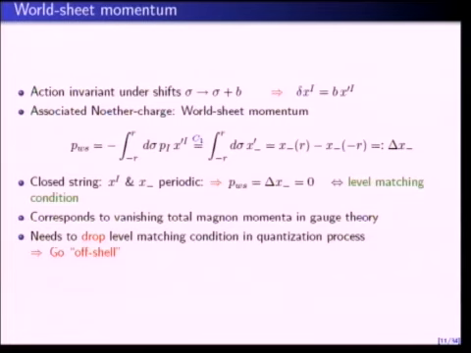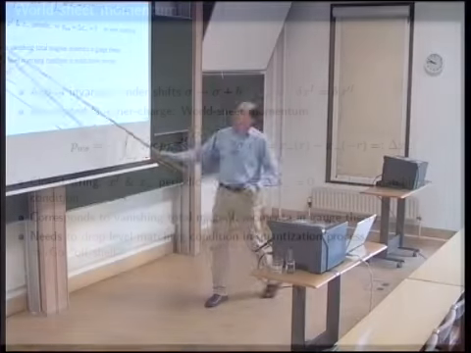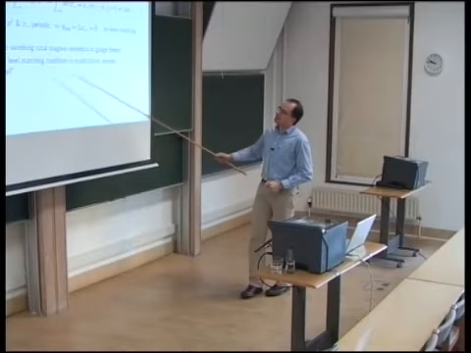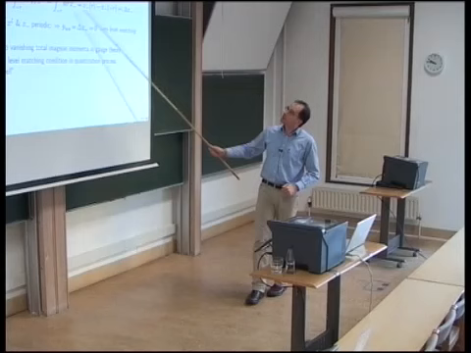But as I might be able to discuss later on, if you consider the quantum theory, it is actually necessary to drop the level matching condition in the quantization process. So you quantize the system, and only thereafter you impose the level matching condition. So you have to study the theory in a sense off shell when this condition is violated.